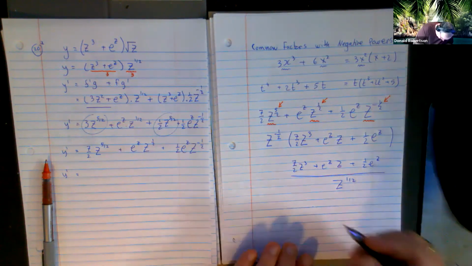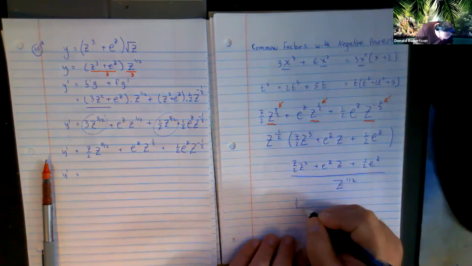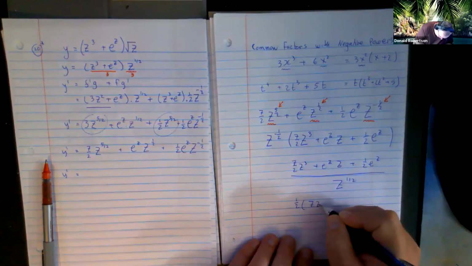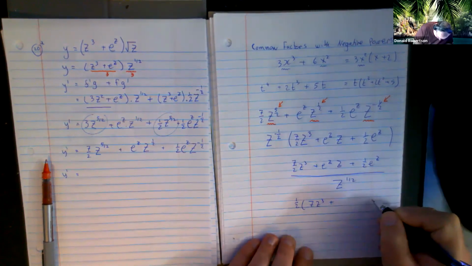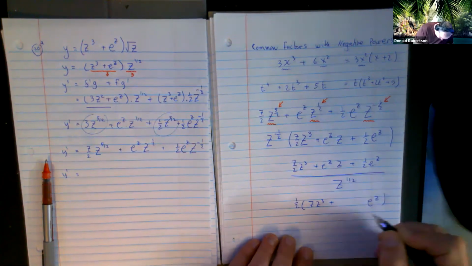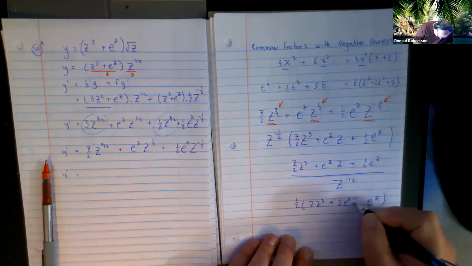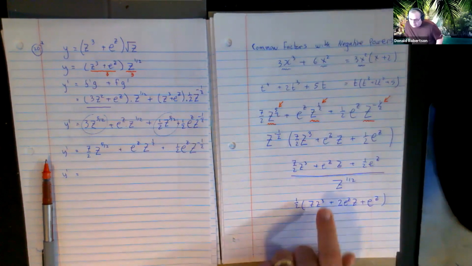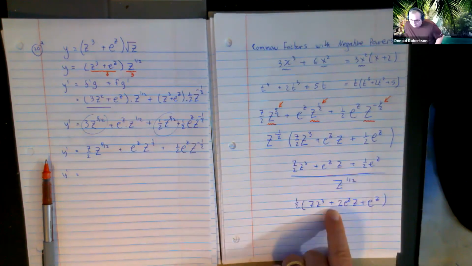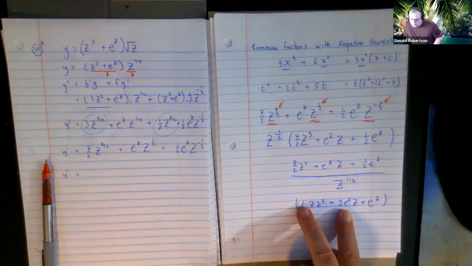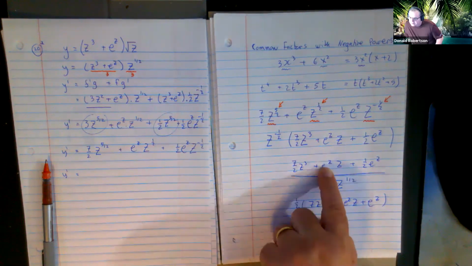So what I'm going to do is I'm going to pull out a half as a common factor. And that makes this funny guy in the middle suddenly become 2. And the reason it needs to be 2 is, isn't a half times 2 going to get you back to the original?